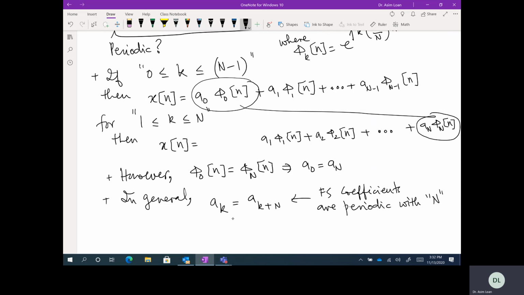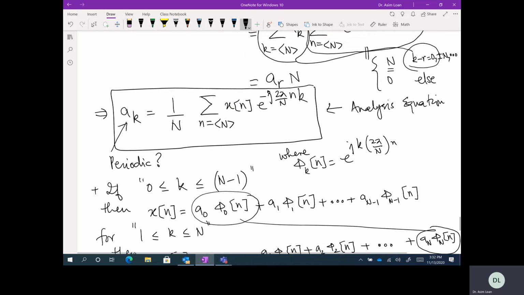This is the biggest difference between the Fourier series. In continuous time Fourier series, the a_k's are not periodic. So this is the biggest difference between the two.